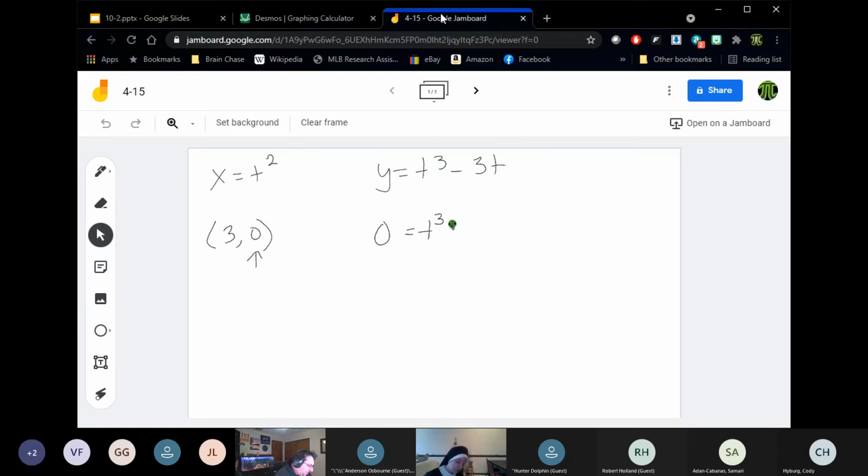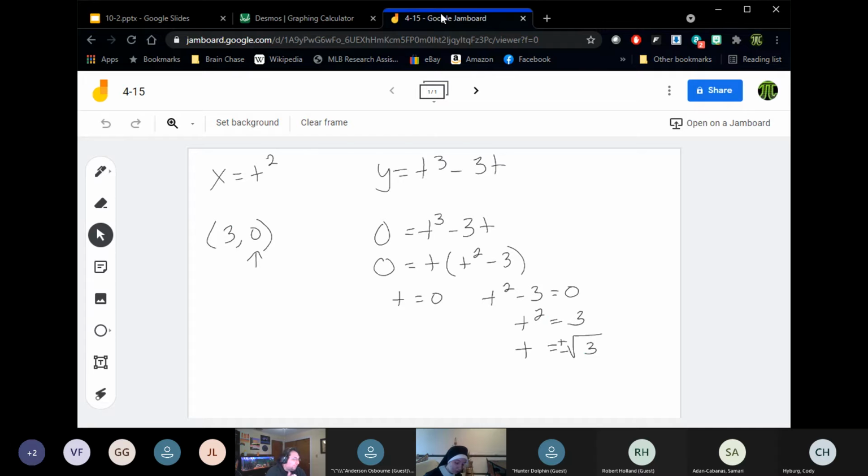I have t to the 3 minus 3t. If I factor out a t, I get t times (t squared minus 3). So t could equal 0, or t squared minus 3 equals 0, so t squared equals 3, and t equals plus or minus the square root of 3. So I have 3 different values that will work at that point.